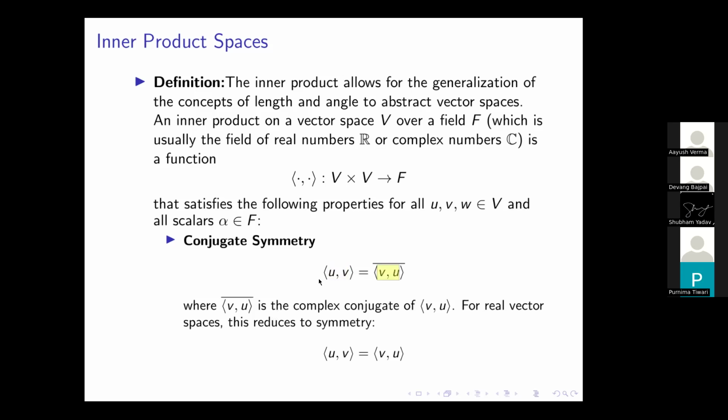Here v and u is the complex conjugate, which means it will consist of the complex iota. For real vector spaces, what will happen here? The bar, the line above, will not matter.